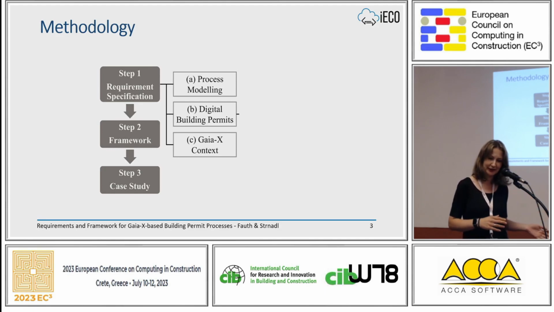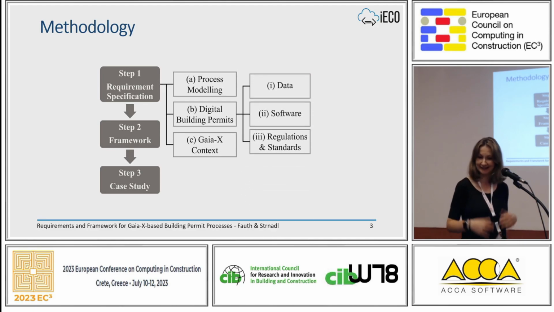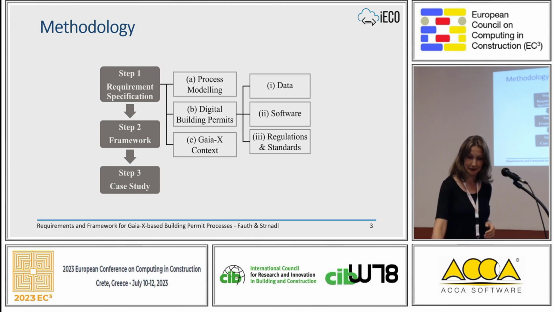One is the process modeling side for building permits. Then we have the digital building permit domain: what do we need for digital building permitting, like what data, the software, but also the regulations and standards that already exist. And last but not least, we also have the Gaia-x context we need to consider. This is all something new in this approach.